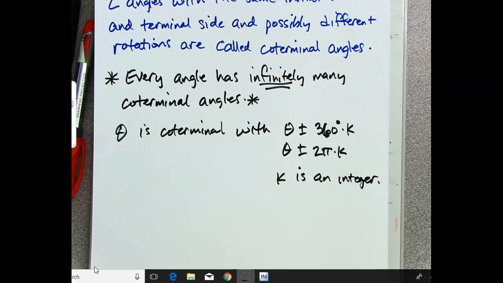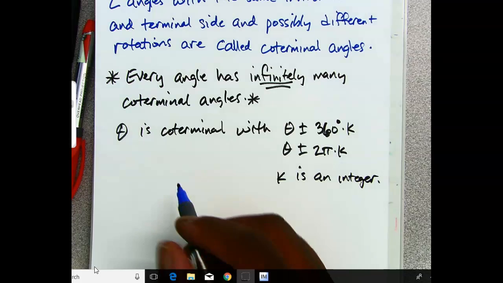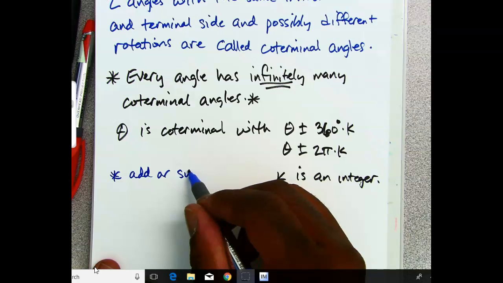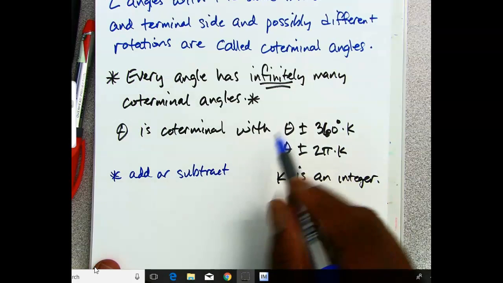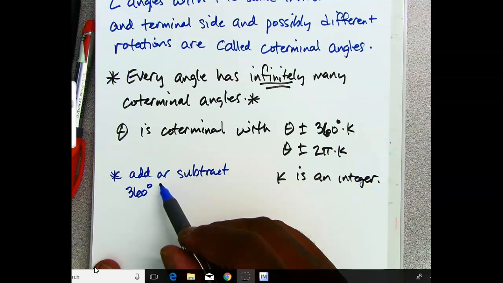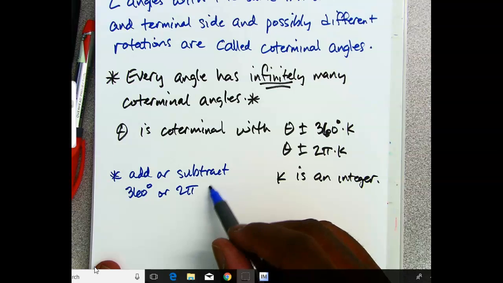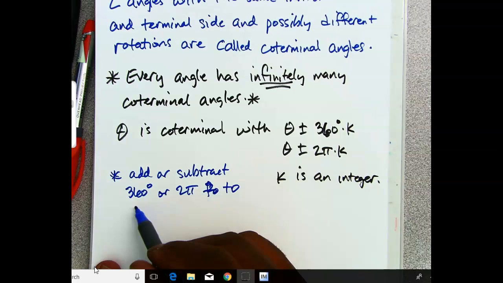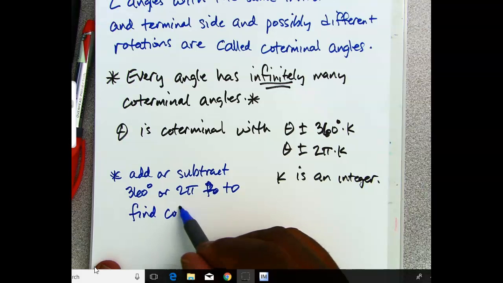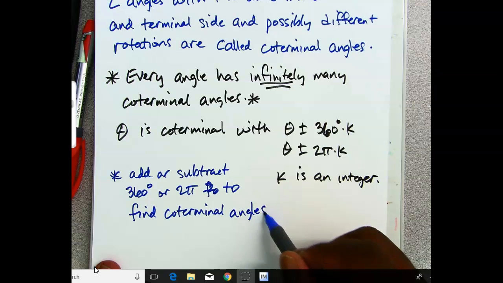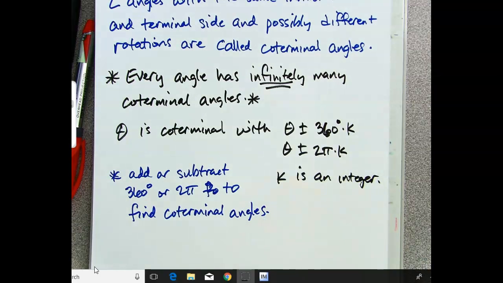Basically, you find coterminal angles by adding or subtracting 360 degrees or 2 pi, because there's not a limit on k.